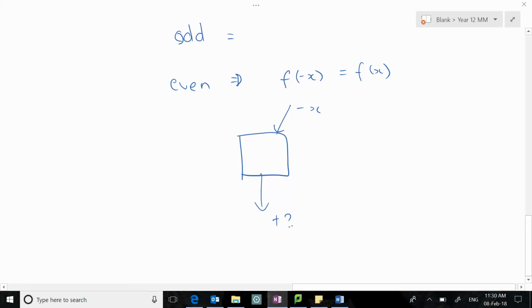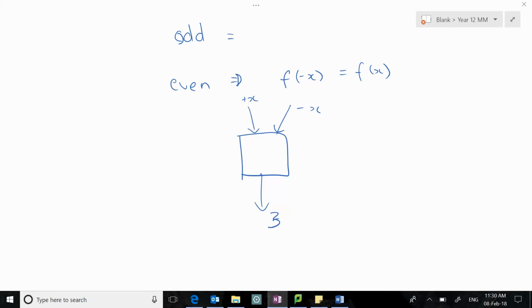But this is more specific. They want to know, is this number the same as if I had a positive number in there? So we're doing 2 tests. If I put a positive value, let's say it's equal to 3, then if I put a negative of the same number into it, do I still get a 3? Because if I still get a 3, it's likely to be even.